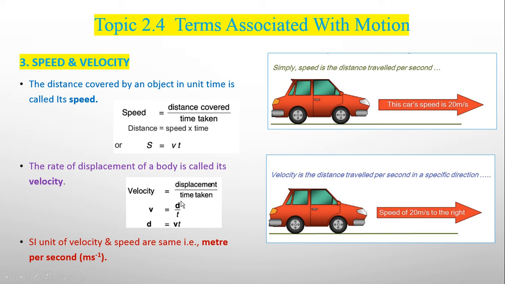Velocity is equal to displacement divided by time. Or if you know the velocity of an object with concerned time, then you can get the value of displacement from this equation. SI unit of velocity and speed are same, meter per second.